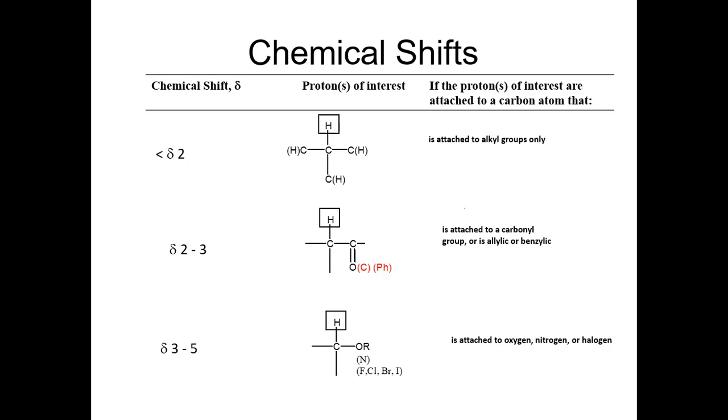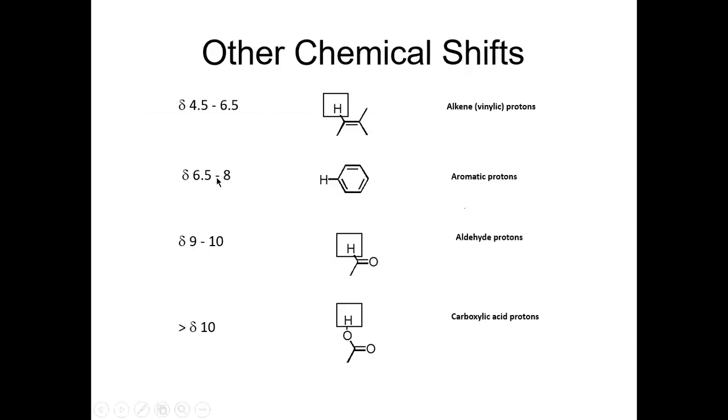All right. If it's adjacent to oxygen or nitrogen or halogen, then the shift is going to be somewhere between 3 and 5. If it's directly attached to a double bond, it's going to be between 4.5 and 6.5. These are called vinylic protons. They're attached to the double bond. Aromatic protons are between 6.5 and 8.